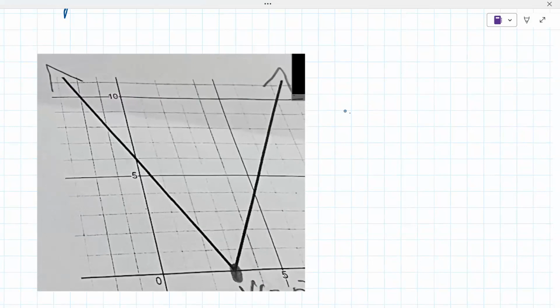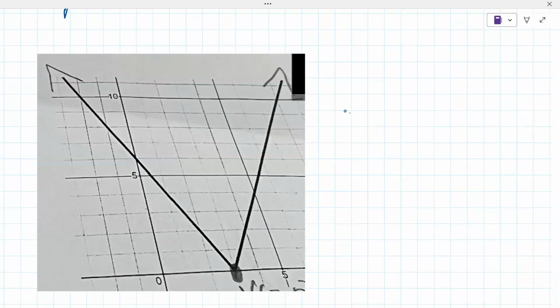Where did we draw the vertical line on all the other problems?